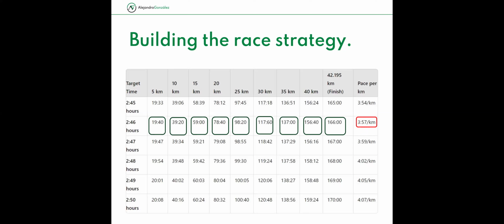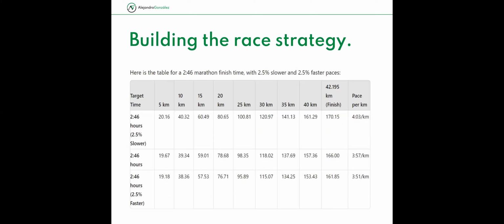And I said to myself, okay, I now need a range of 2% or 2.5% above or below to have a clear idea how fast or how slow we can run. For that, with ChatGPT 2, I created this chart. For instance, for 5 kilometers in 19 minutes 57 seconds, if I had to run 2.5% slower, it is equal to 20 minutes 16 seconds.